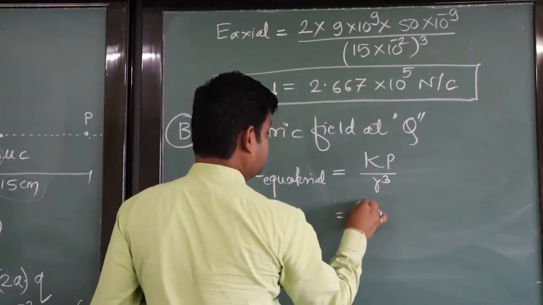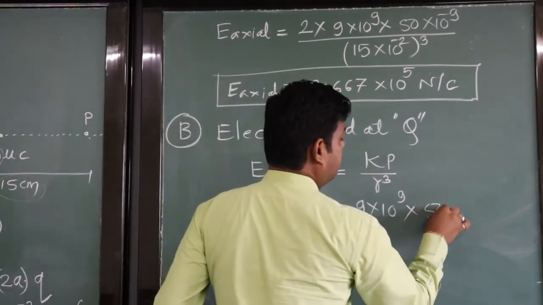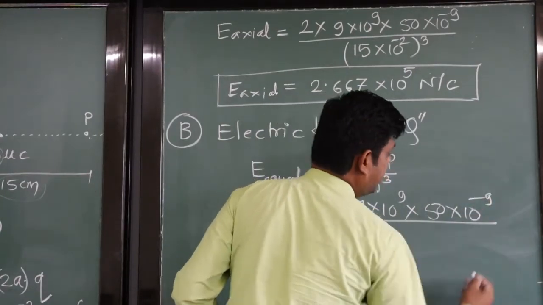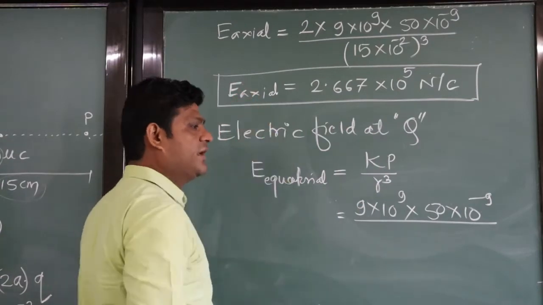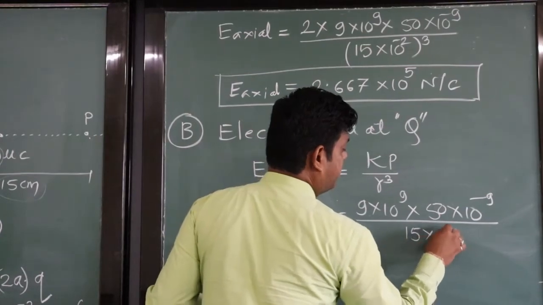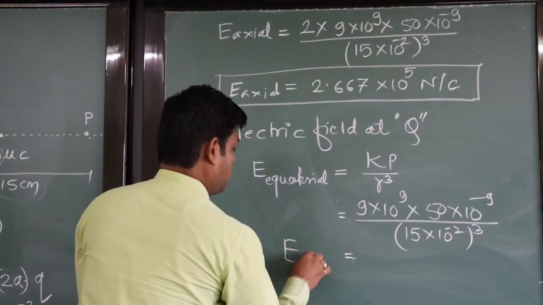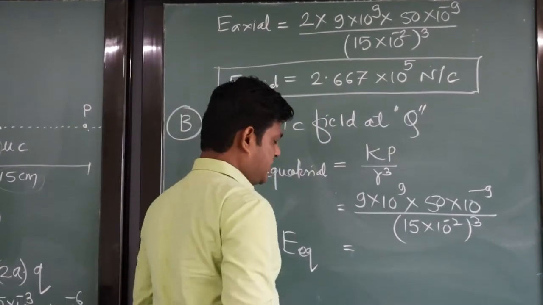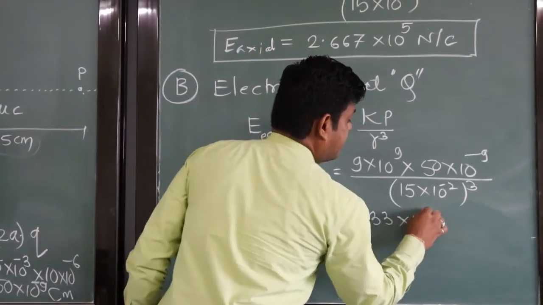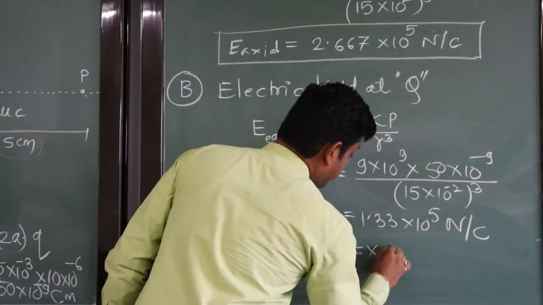The value of K is 9 into 10 to the power 9. The dipole moment we have already calculated, 50 into 10 to the power minus 9, divided by the distance, 15 centimeter. So we will write 15 into 10 to the power minus 2, bracket cube. By solving this, you will get the answer near about 1.33 into 10 to the power 5 Newton per Coulomb. This is the end of the numerical.